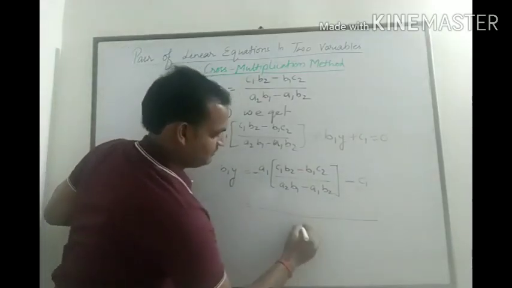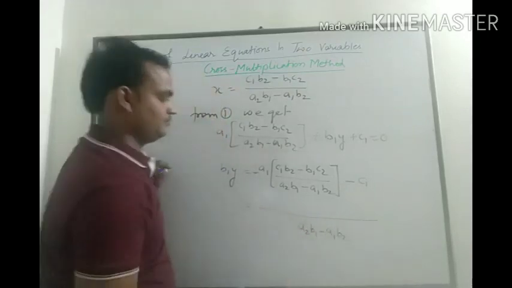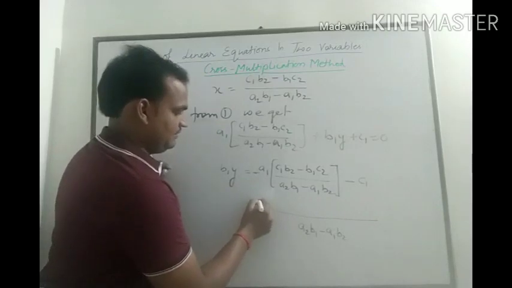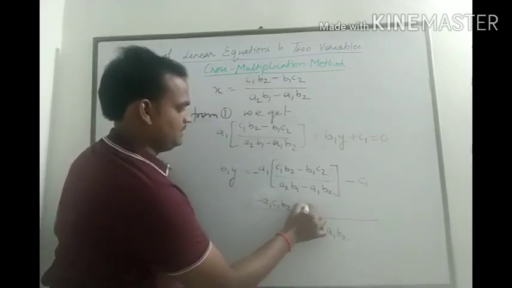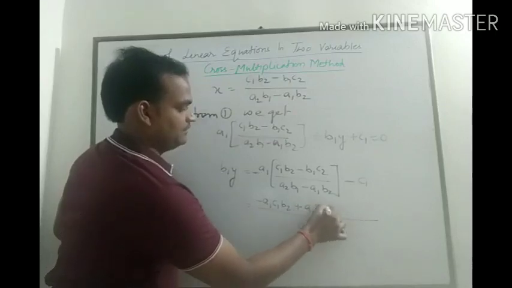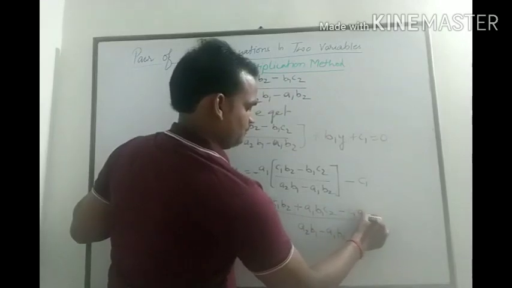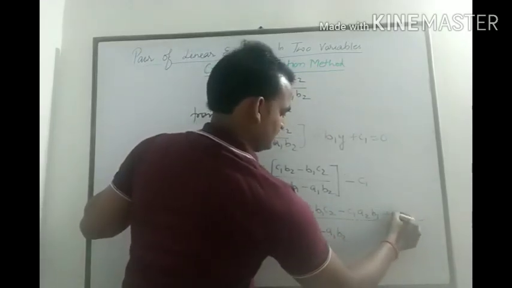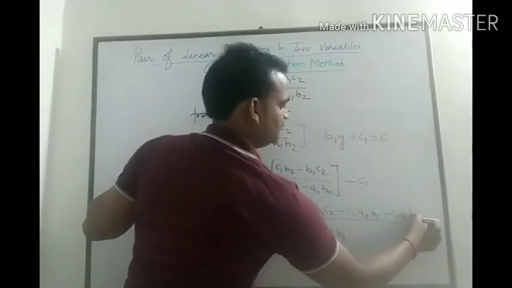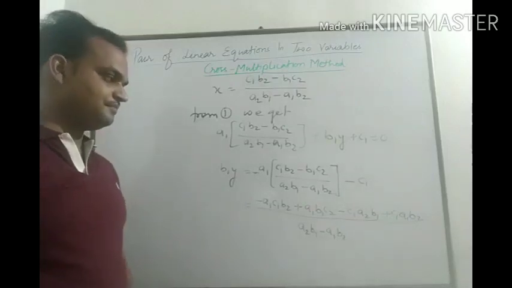Take LCM, a2 b1 minus a1 b2, and here minus a1 b1 c2 plus a1 b2 c1 minus c1 a2 b1 plus c1 a1 b2.